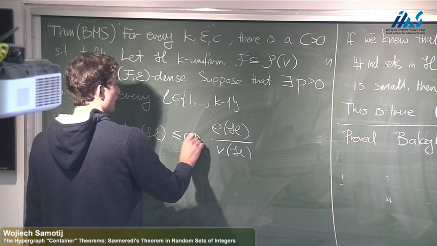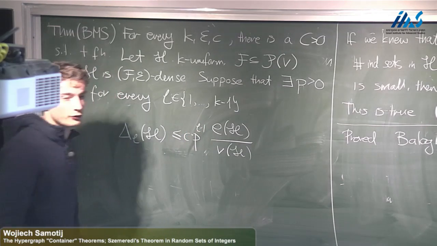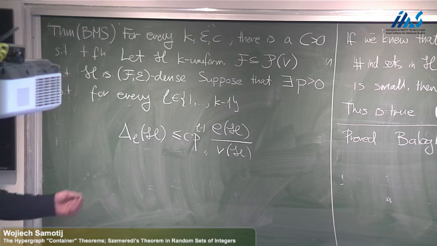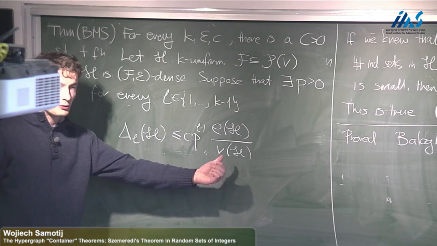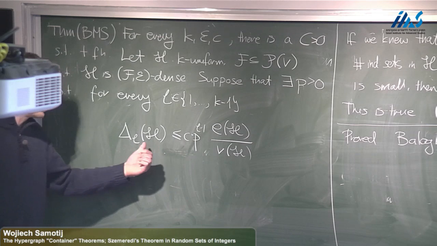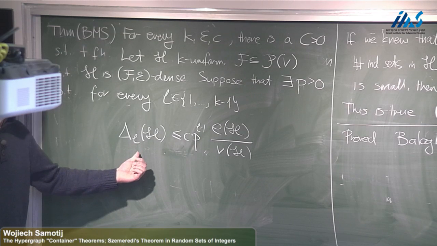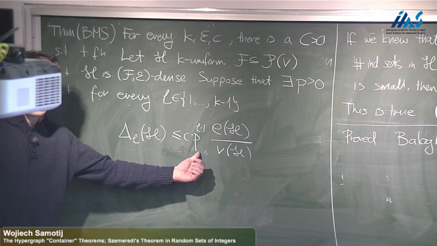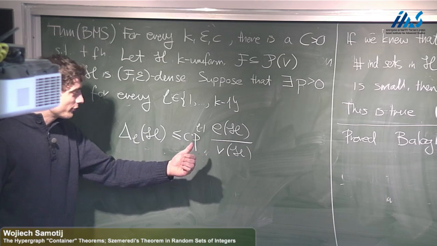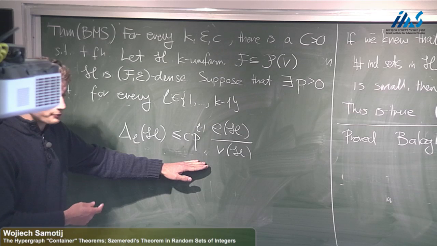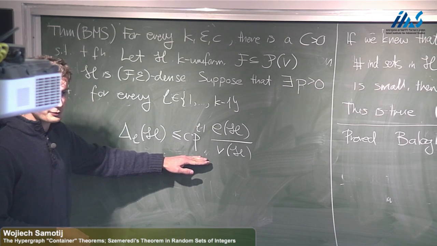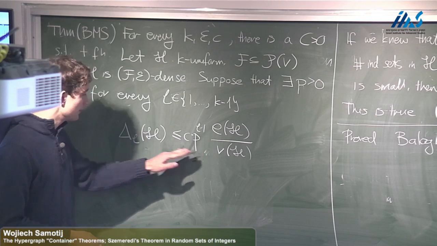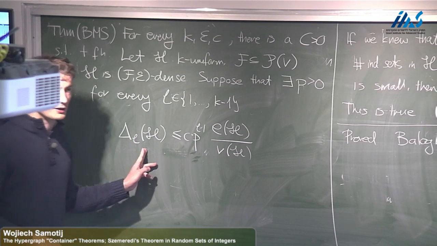So in particular, the maximum degree of H is only a constant away from the average degree, but we also have conditions on all the other degrees which depend on this parameter p. This parameter p will show up soon in the conclusion. We're interested in making p as small as possible, so the smaller we make p, the more difficult it is to satisfy this condition.